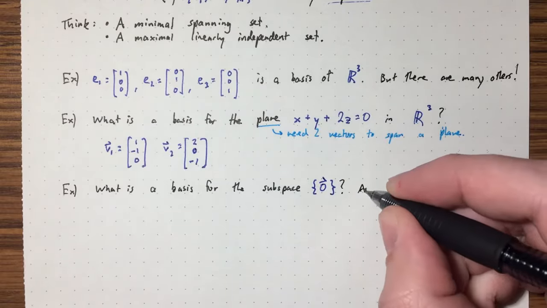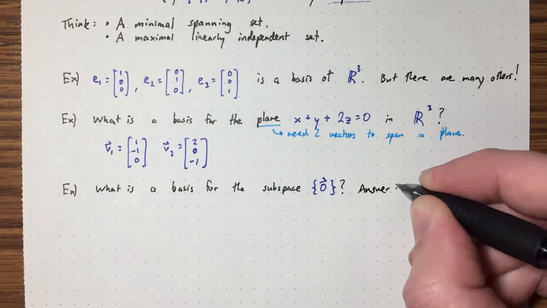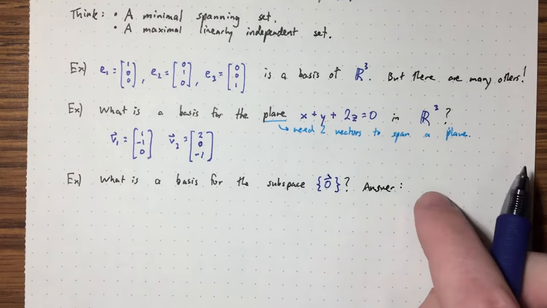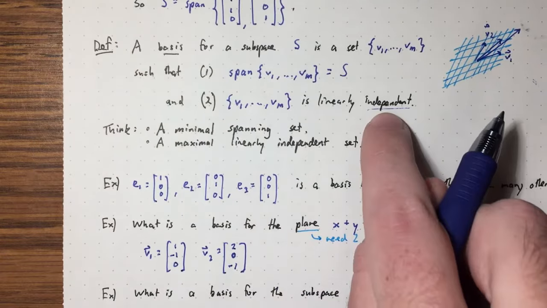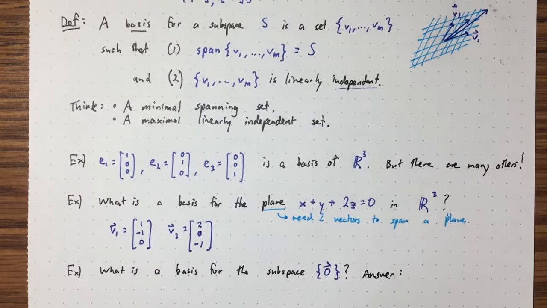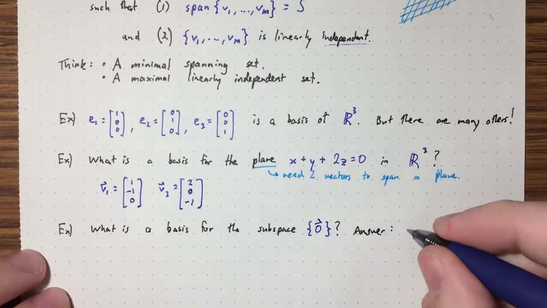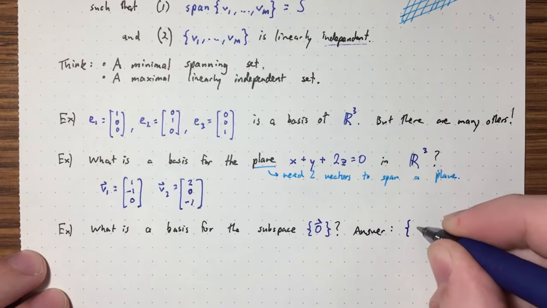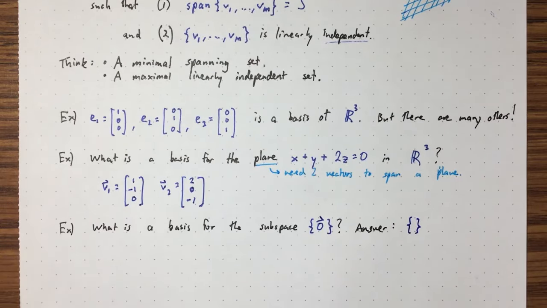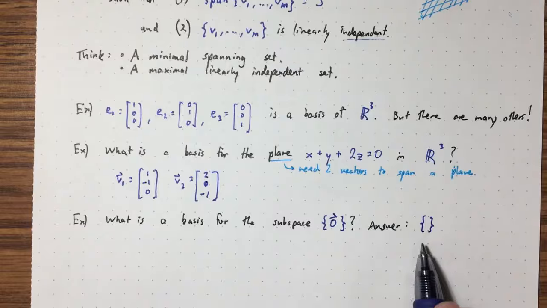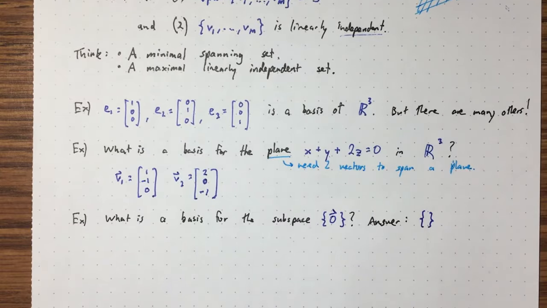And the answer, well, I can't have the 0 vector in my basis because that would not be linearly independent. So what do I do? Well, I just don't put anything in my set. So actually the basis for the subspace just consisting of the 0 vector is considered to be the empty set. So there's nothing in my basis.